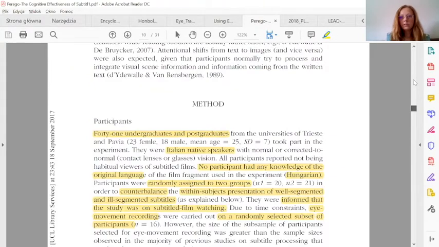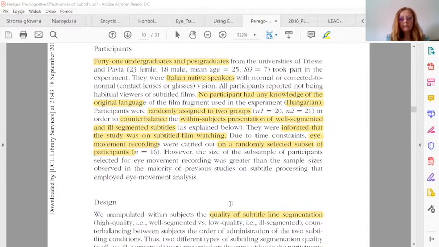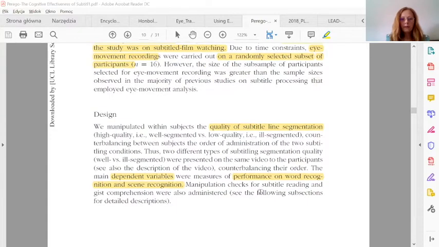Quality method. Yeah, so I go to the method, and I have 41 undergraduates and postgraduates, Italian native speakers. I know it's Italian, right? And the language used was Hungarian in the experiment, and they used subtitles. And here I have the design, right? So the dependent variables were measures of performance on word recognition and scene recognition.